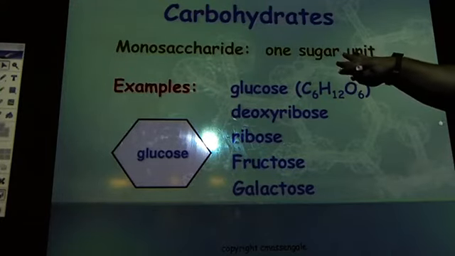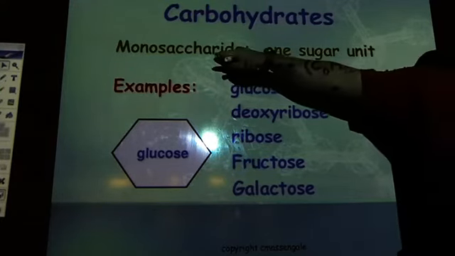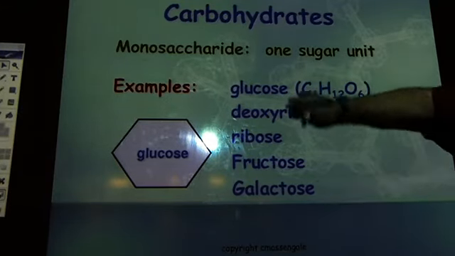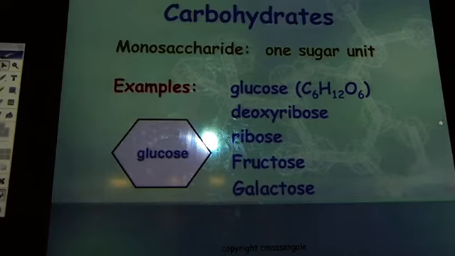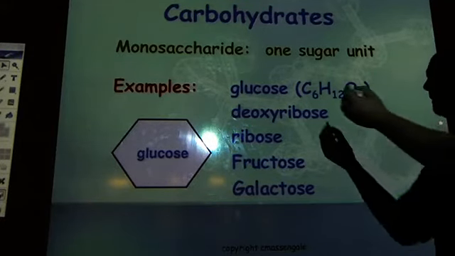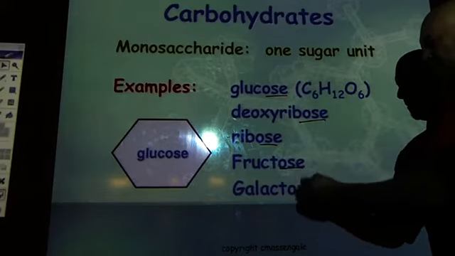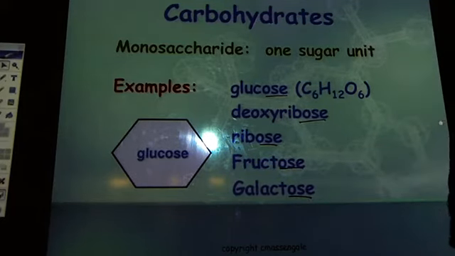Anyway, monosaccharides. The monosaccharide is the monomer. Now, these are examples. You don't have to write all the examples down, but there is something they all have in common. They end in -ose. There was a Nickelodeon commercial a long time ago that said if it ends in -ose and rhymes with gross, it's a sugar.